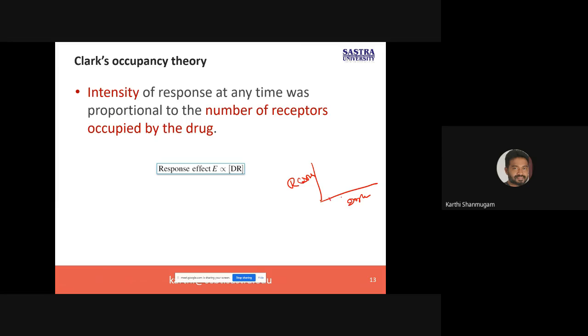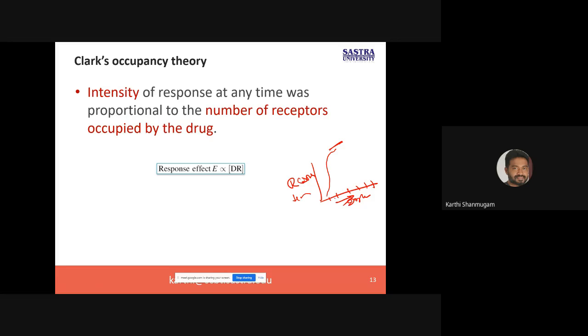If we increase the dose, we may expect the response to increase, right? If we increase the concentration of the drug molecule, we can expect the response to increase. What is the response here? For example, it may be reducing the fever, whatever it is. Whatever purpose the drug molecule is taken for, that is the response.